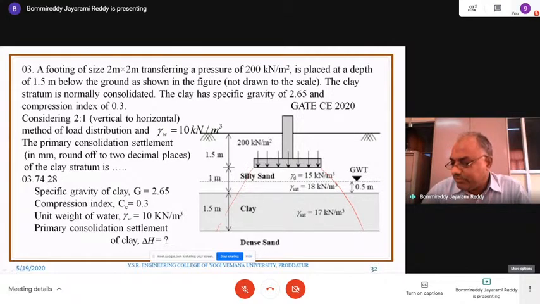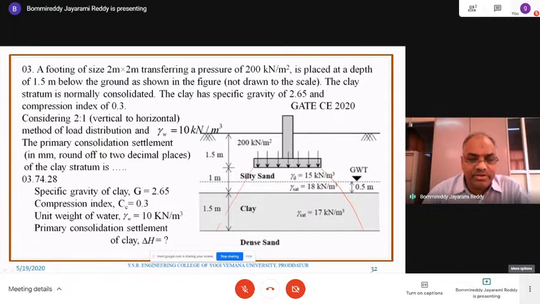That means for 2 meter vertical, 1 meter horizontal dispersion will occur. And gamma W is 10 kilonewton per meter cube. The question is, the primary consolidation settlement is?